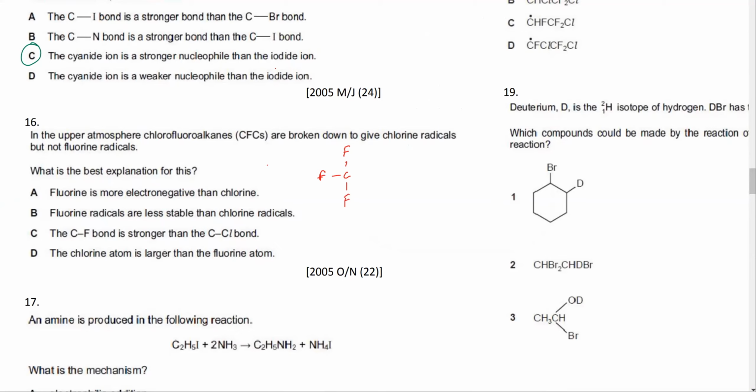If you have a CFC, in UV light it's the C-Cl bond that's a lot weaker, so that tends to break. The C-F bond, because fluorine is a smaller atom, makes stronger bonds, so that bond is not going to break very easily. So C would be the correct option for this.